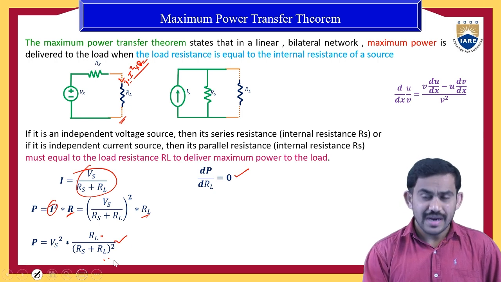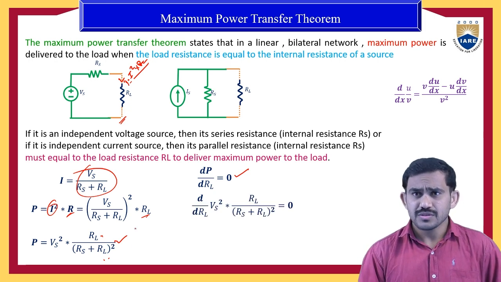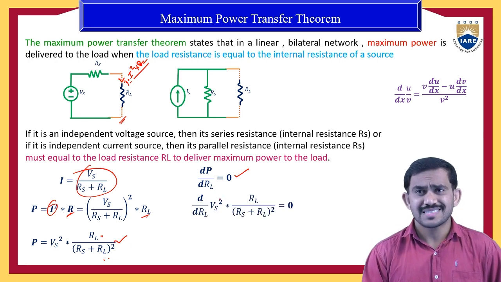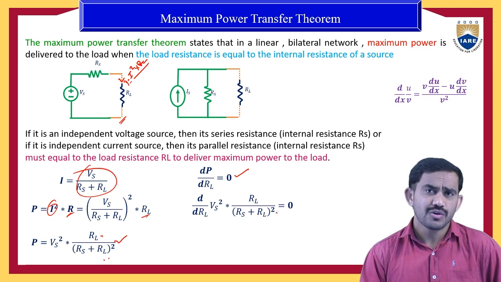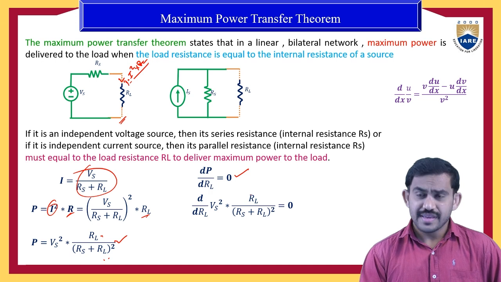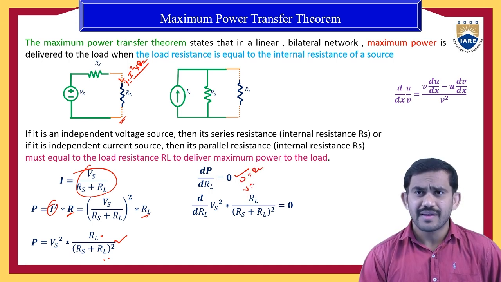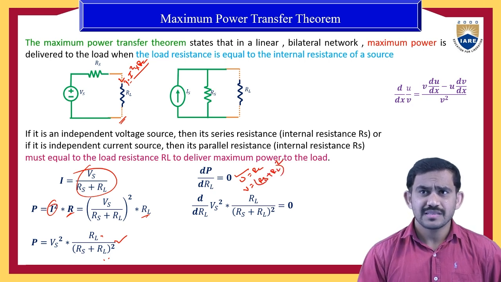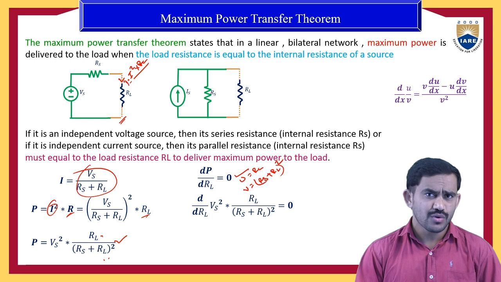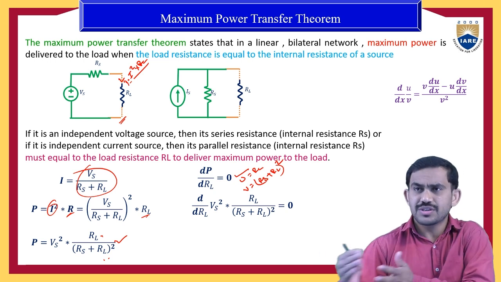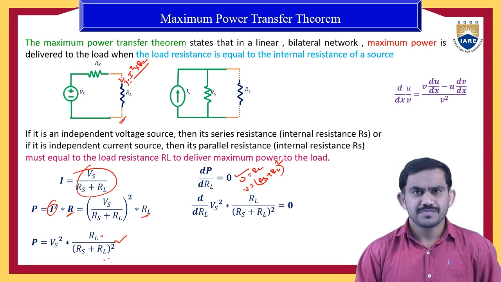Now what are the u and v values? In this circuit V square is constant, so we have RL over Rs plus RL whole square. The u value is RL and the v value is Rs plus RL whole square. Substitute in the derivative formula.